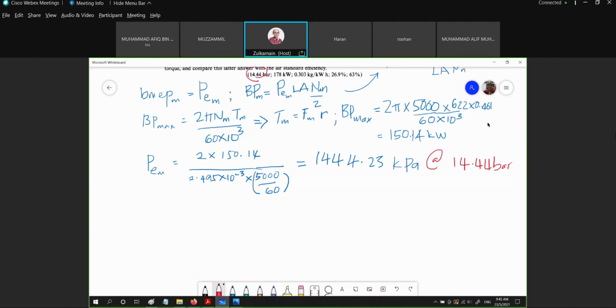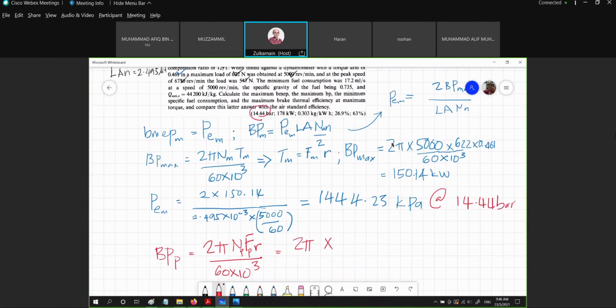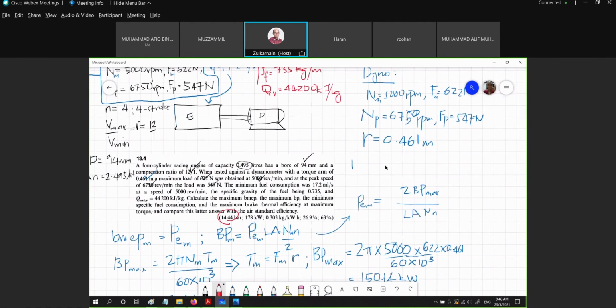BP at peak condition is equal to 2 pi N T. T is F times R divided by 60,000. So 2 pi, N kita untuk peak condition adalah 6750.